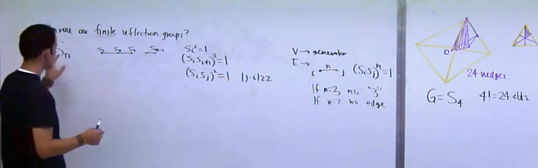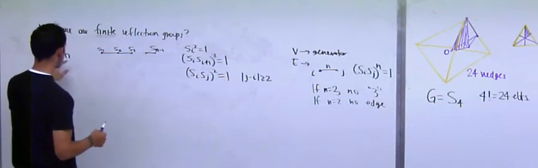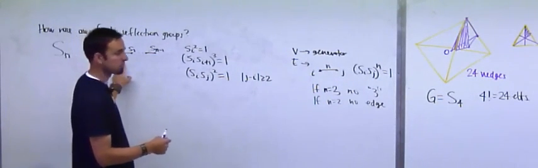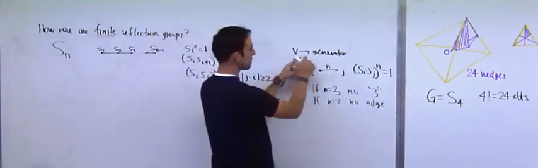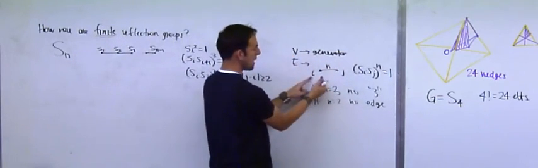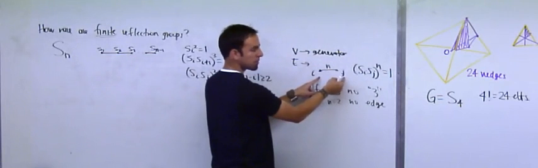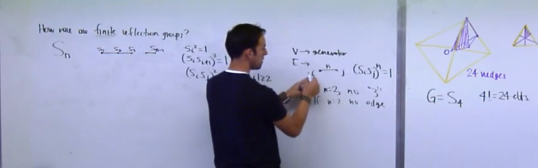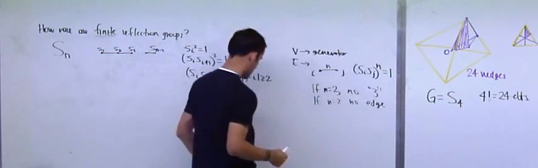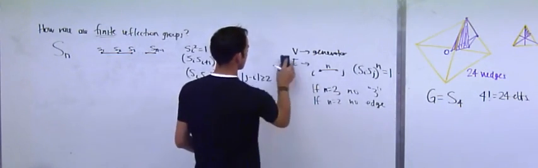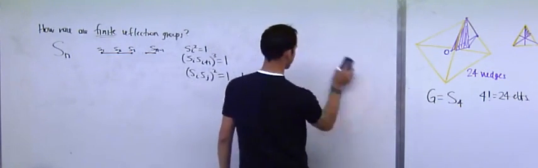So I can describe this group with this graph, where a graph defines a group where the generators are the vertices, and every edge defines a relation. Maybe it's even easier if I just draw.